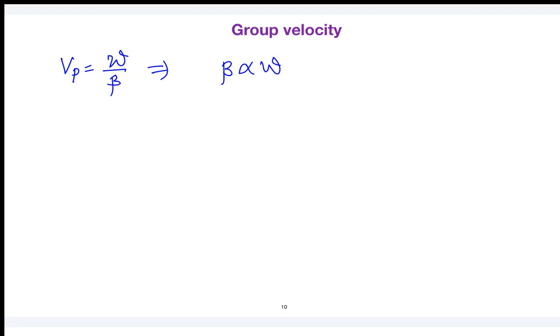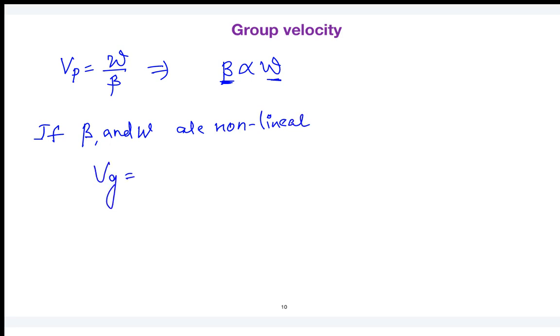But the concept of group velocity comes in when the phase change with respect to distance is not linear with the phase change with respect to time. If beta and omega are non-linear, you define it as a group velocity rather than a phase velocity.